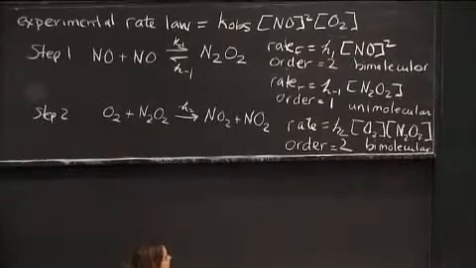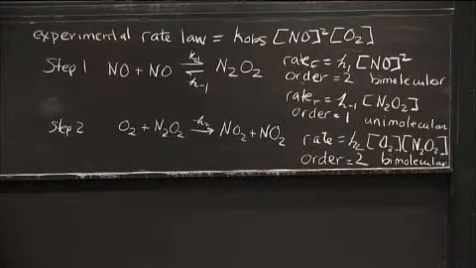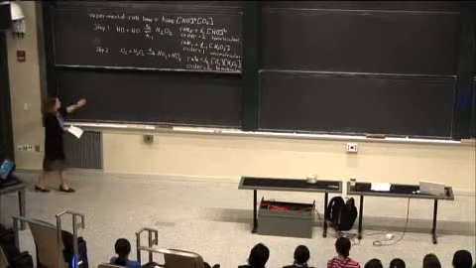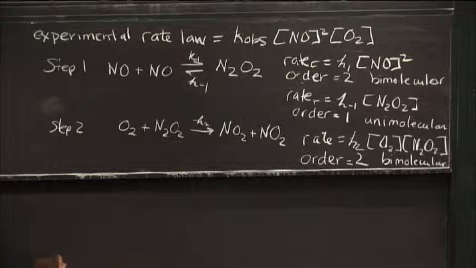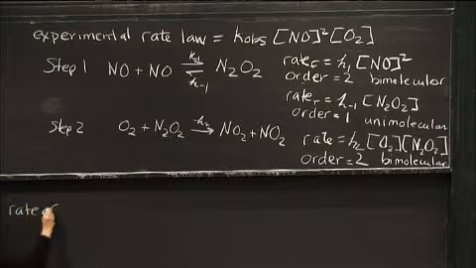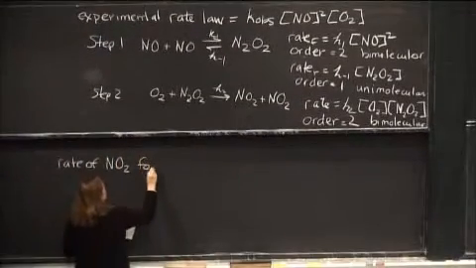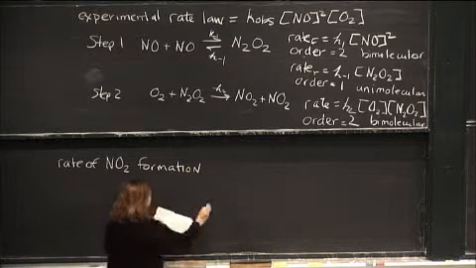Let's put that up there. All right, so we have our two steps, and we've written rates for all of those particular steps. Now we're interested in writing the rate of the overall reaction that forms NO2. So let's think about what the rate of NO2 formation is.